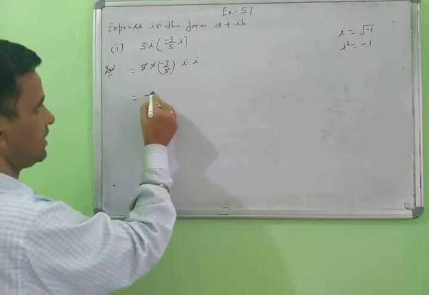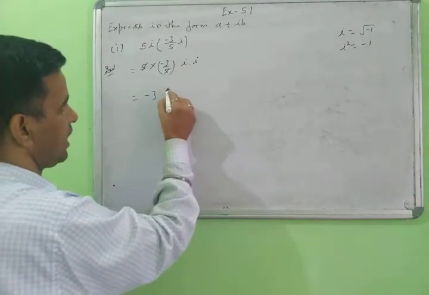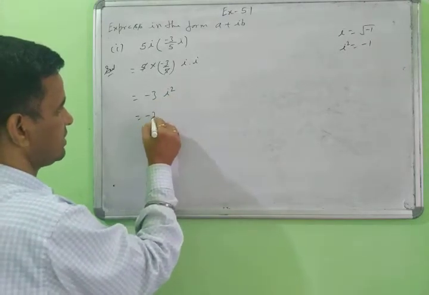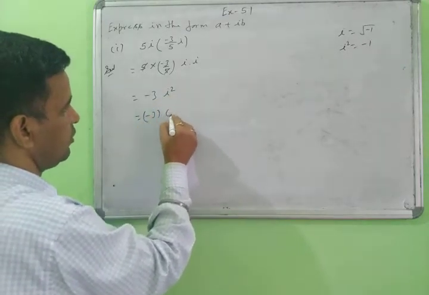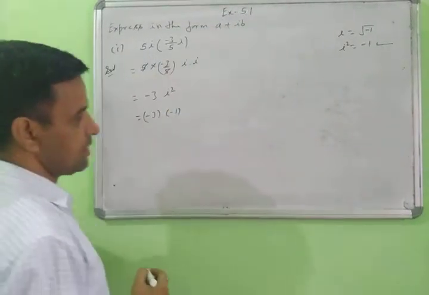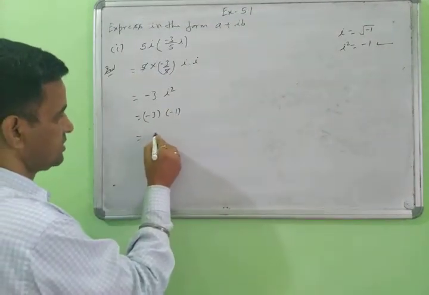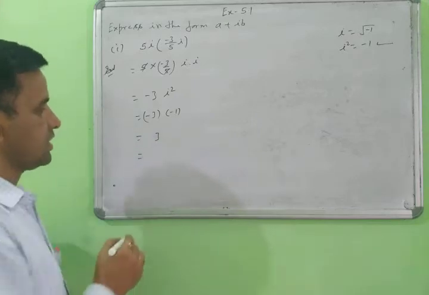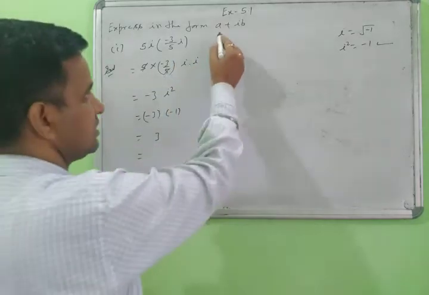What is left is -3 and iota into iota square. The value of iota square is -1, so minus into minus gives plus 3. The value is plus 3, but you will convert it into this form.